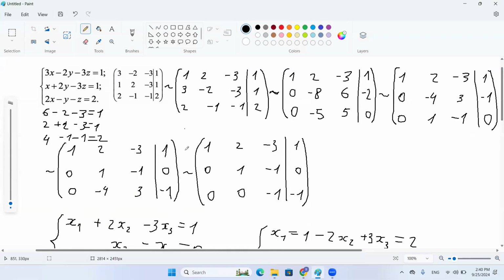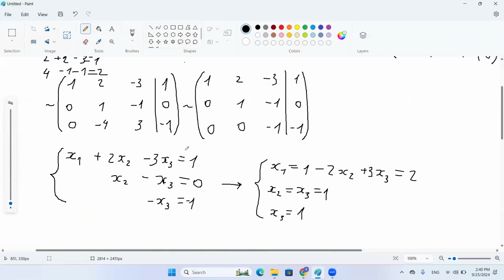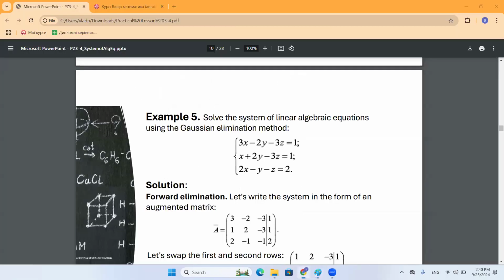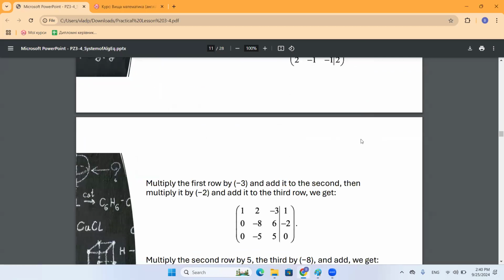So everything is correct. Maybe you have any questions about the Gaussian method or about previous methods that we saw before? No questions. Okay, now we'll just take a look at one more example because we have not a lot of time.